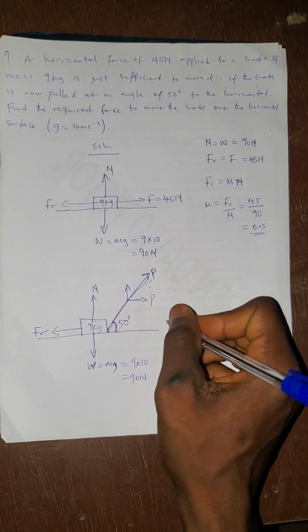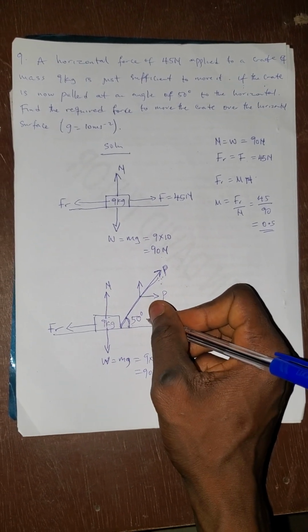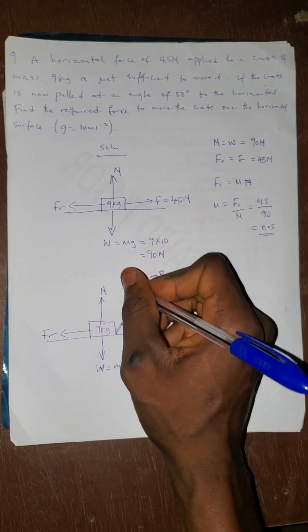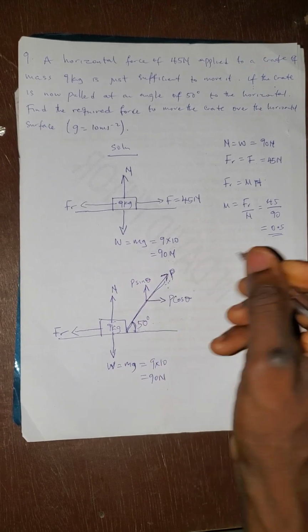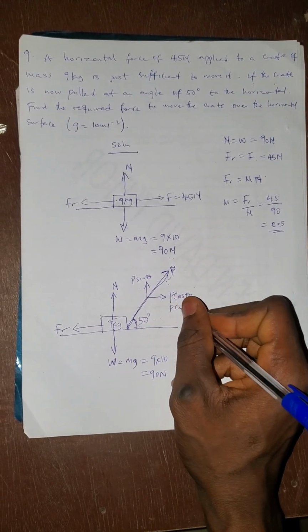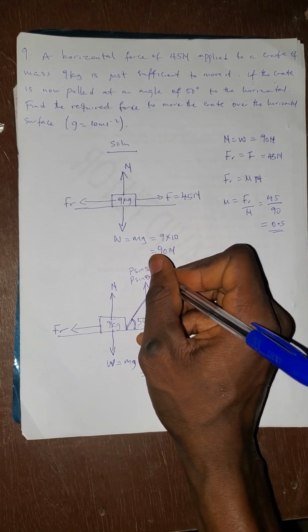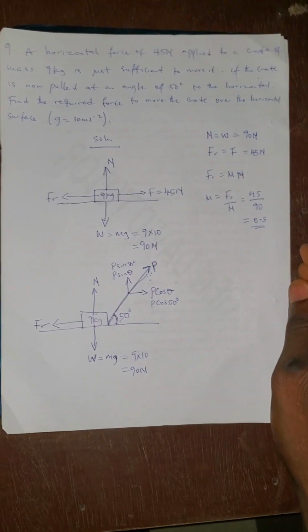In the horizontal, this is the side that has the theta, so it will be P cos theta, and this side will be P sin theta. So this one will be P cos 50 degrees, and this side will be P sin 50 degrees.